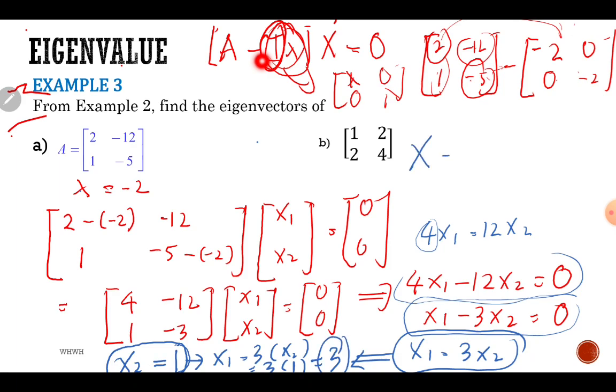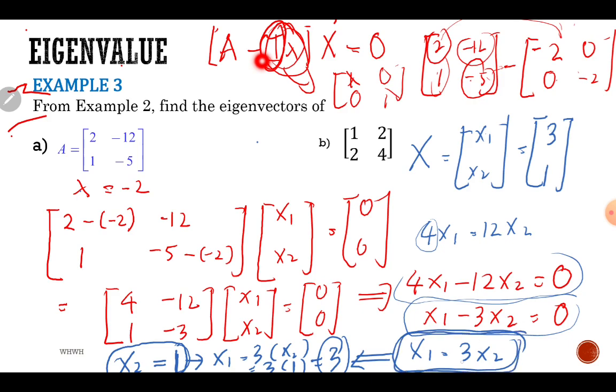So for this one, x1, x2 kita, one of the possible option is x2 equals to 1, x1 is equals to 3. Betul ke? Betul lah. x2 is equals to 1, x1 is equals to 3 because x1 is equals to 3 times x2.